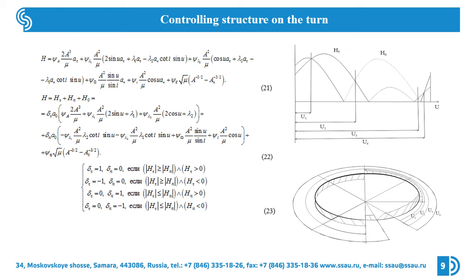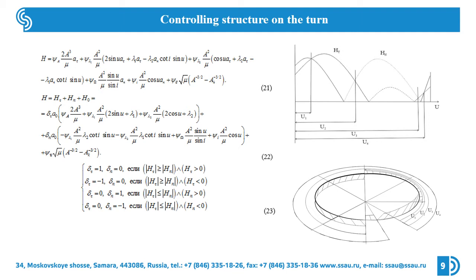We write the Hamiltonian in the form presented in equation 22. Since H0 doesn't depend on the control, the maximum of the Hamiltonian under the technical restriction 20 is achieved under the following conditions.